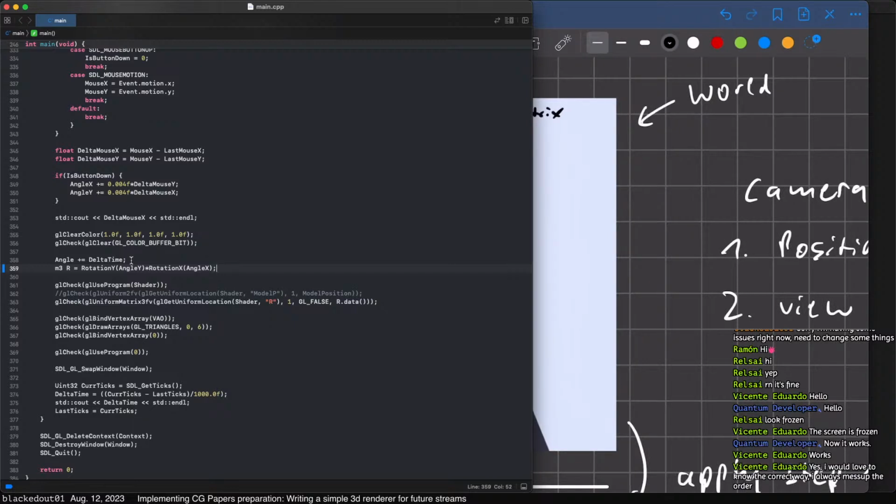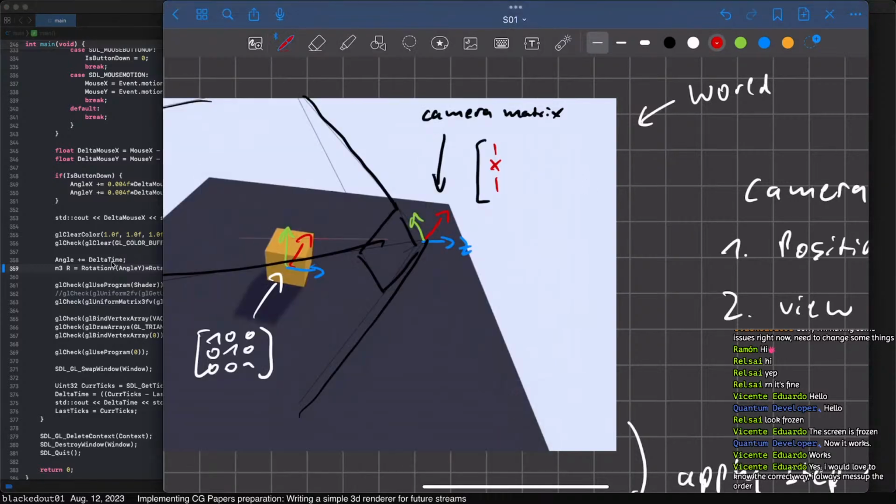If this is a 3 by 3 matrix, then the first column is the x-axis. You can't even see it, but I meant this matrix here. This here I call the camera matrix, and probably other people call it that way too.